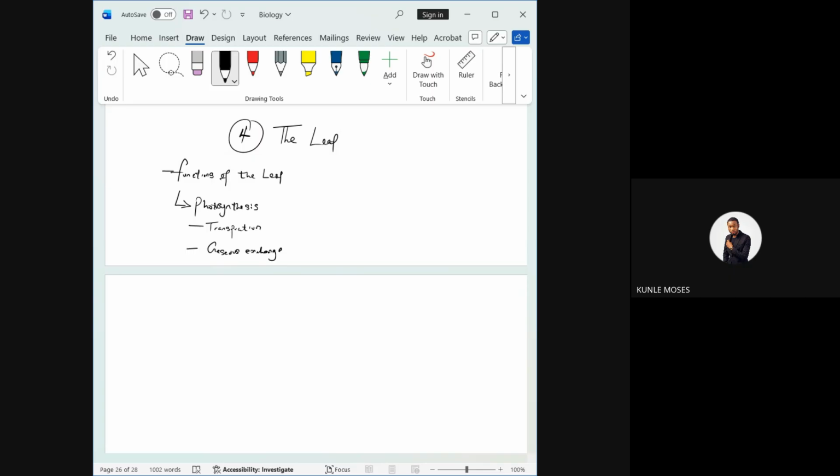It is a part of the leaf that helps in this. You can see how the leaves also help in photosynthesis. Number one, the leaf contains a pigment called chlorophyll, in the organelle chloroplast, that helps in trapping sunlight. Number two, CO2 enters the leaf through the stomata.